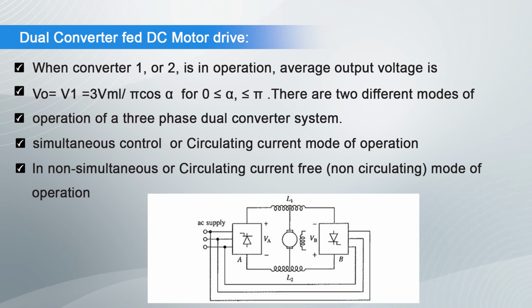There are 2 different modes of operation of a 3-phase dual converter system: simultaneous control, or circulating current mode of operation, and non-simultaneous, or circulating current free, or non-circulating mode of operation.